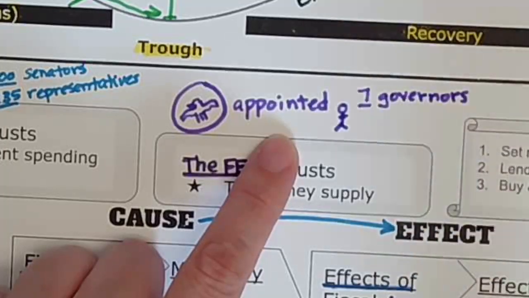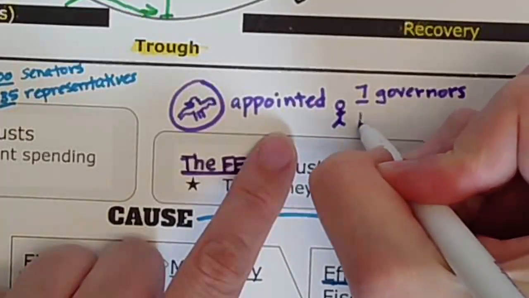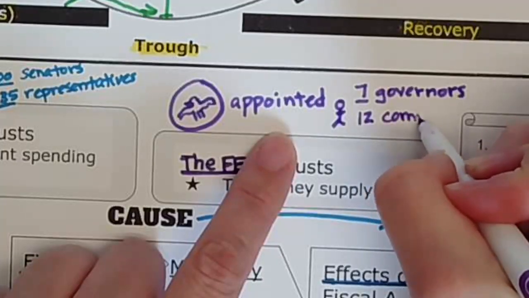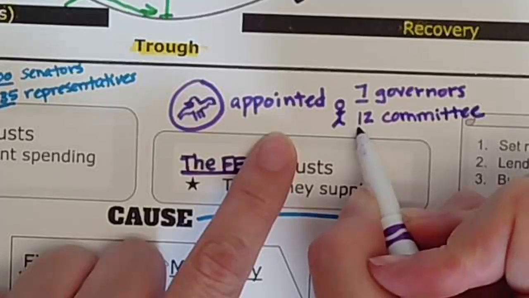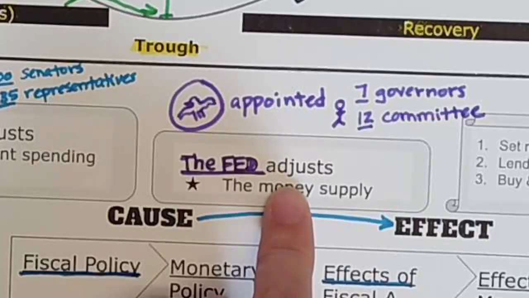You might remember this from your government class. Might be a little review. And 12 committee members who are also reporting to the governors. These 12 people oversee the 12 regions in the United States that are broken down as far as money goes. So the Fed can adjust the money supply that's out there.